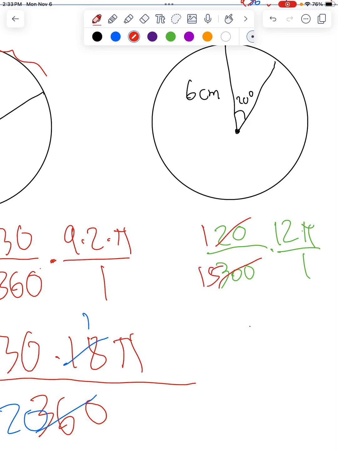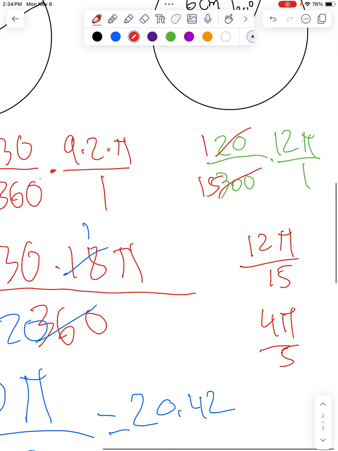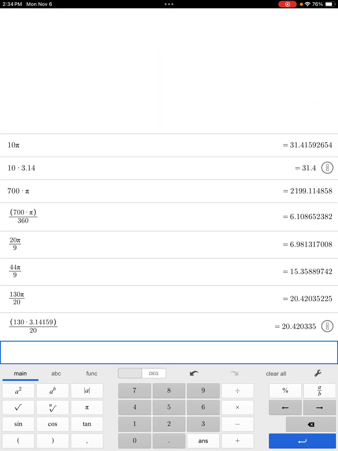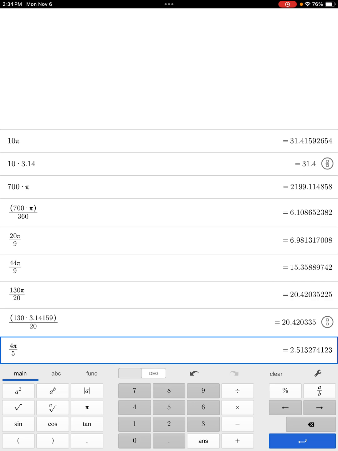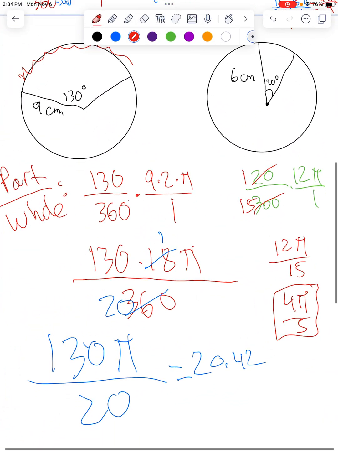So really, it's like saying 12 pi over 15. And we can simplify by dividing by 3. Let's see here. We're going to get 4 pi over 5. 4 pi over 5. So again, 2.513. There you have it.